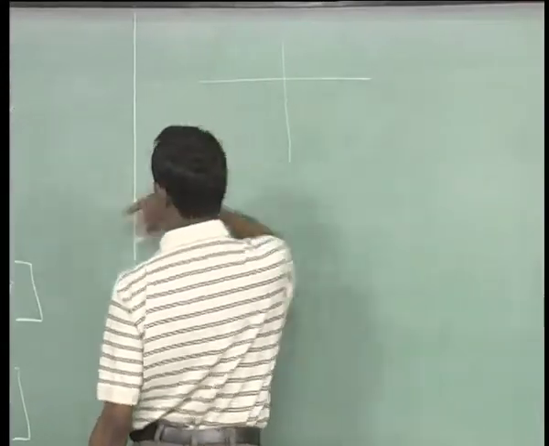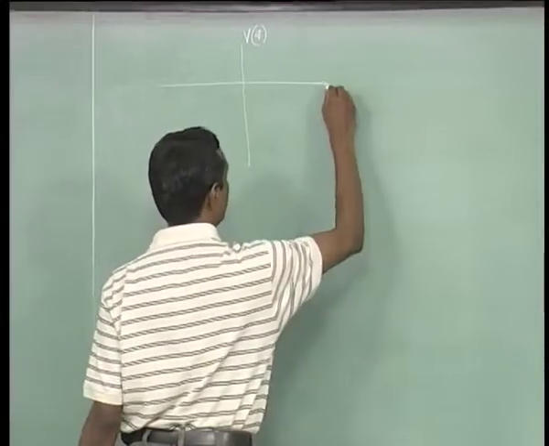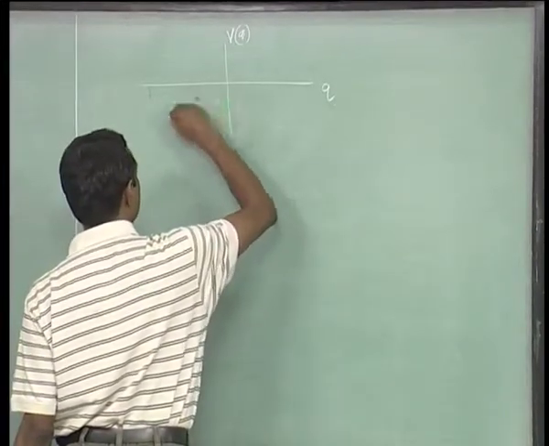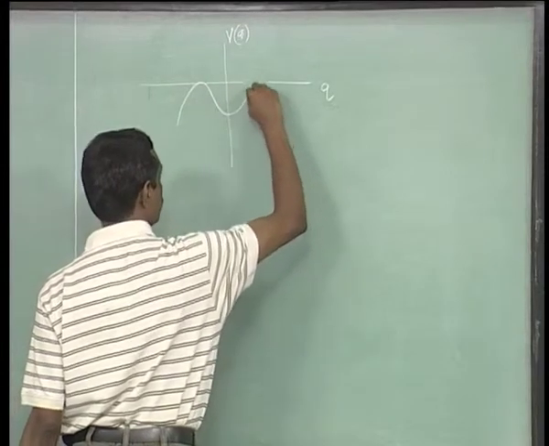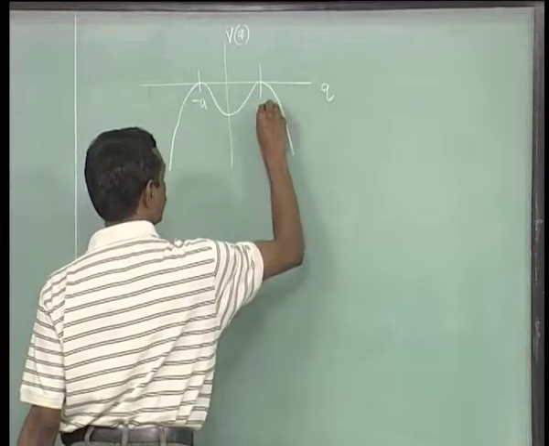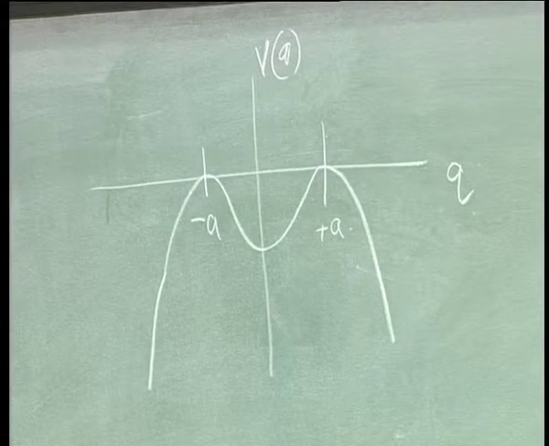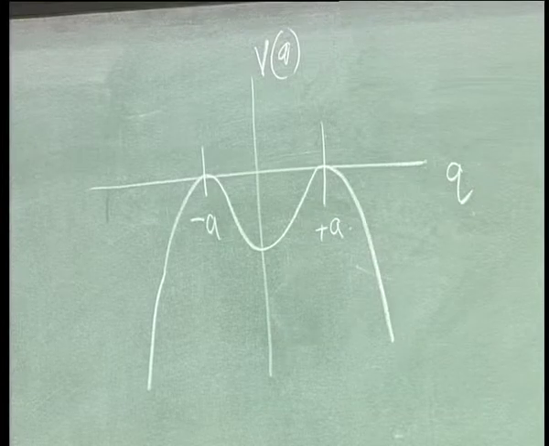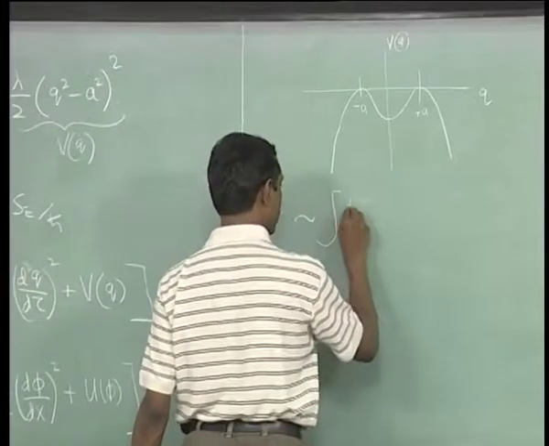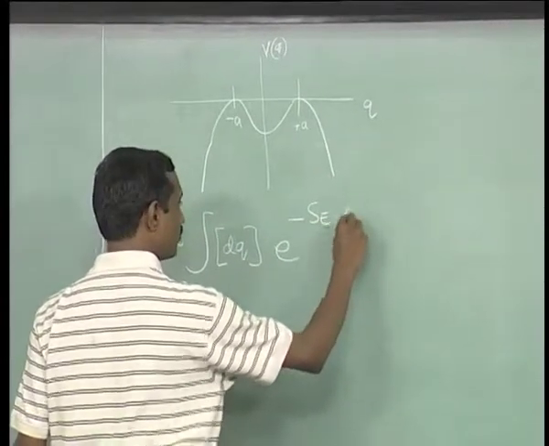Let us plot this now. Whenever I am plotting V of q, I will plot the one which I have written out there versus q. Now the idea is to evaluate the probability, up to some normalization constant, as the integral over dq of e to the power minus S Euclidean by h bar.